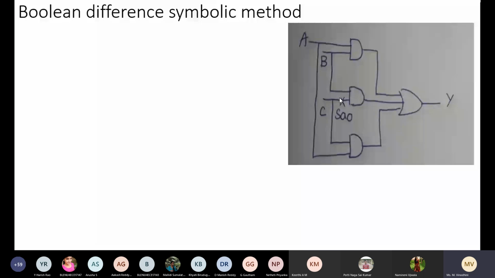But this circuit, you need to solve for C stuck at 0 and also stuck at 1. Everybody, please copy down the circuit.